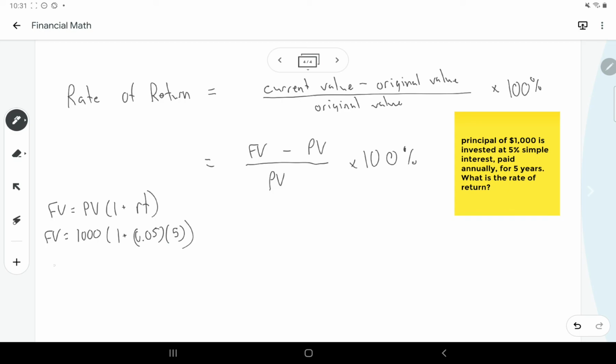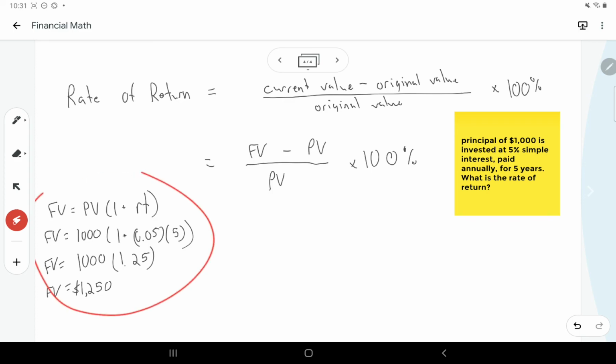We put all that together and we get the future value equals 1,000 times 1.25, and then finally we just multiply all that together. We get final value equals $1,250. Okay, that went a little bit quickly, but that's because I already did an example a little bit earlier about this. So this is just the same stuff.